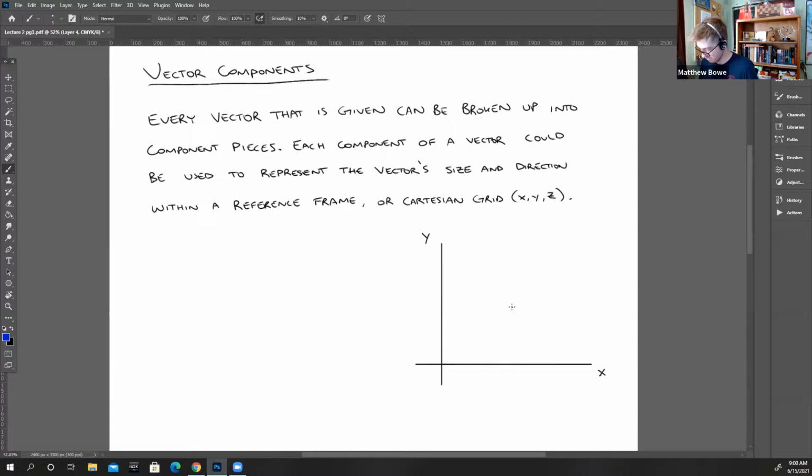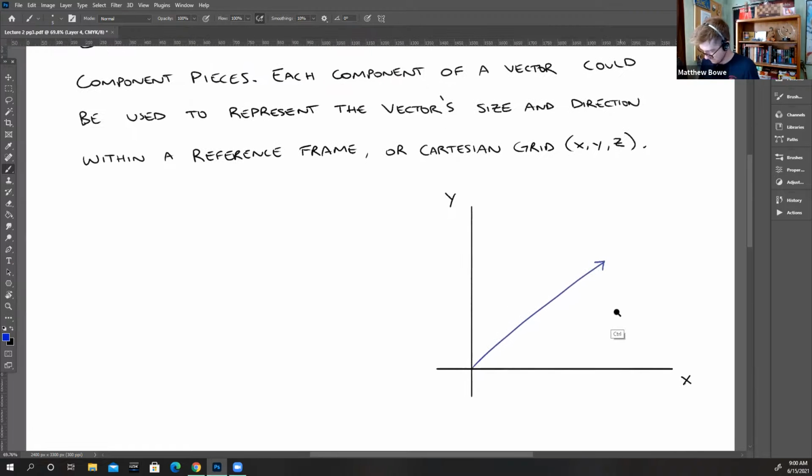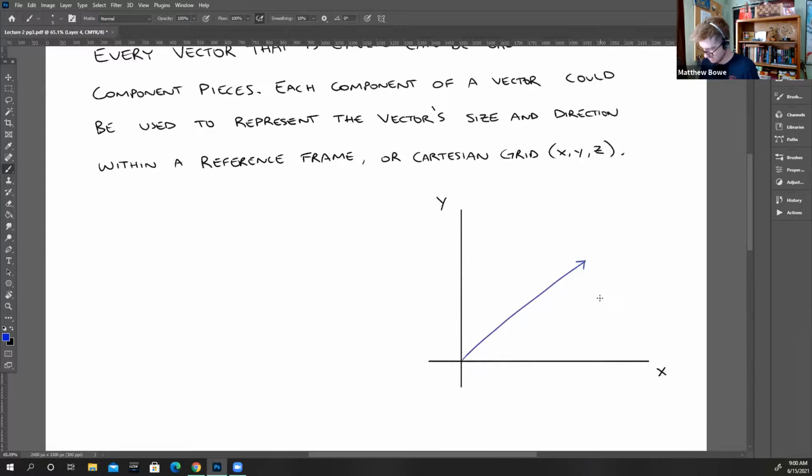Now I could make a vector out in space somewhere, but then I could just move the origin to where it starts. So I'm going to say the vector goes like this. And that's pretty good. I don't want to zoom in too much. So, okay. So we have this vector. It is called vector A.